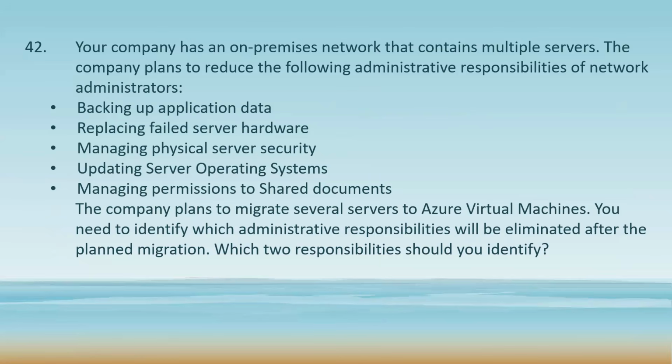The company plans to migrate several servers to Azure virtual machines. You need to identify which administrative responsibilities will be eliminated after the planned migration. Which two responsibilities should you identify?